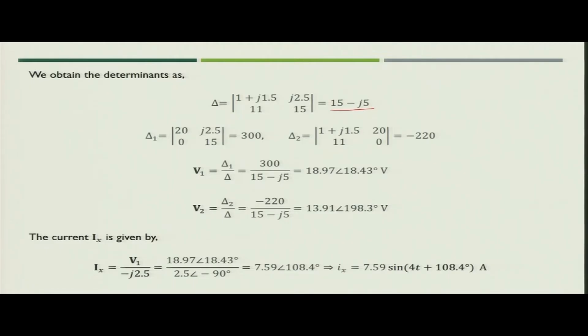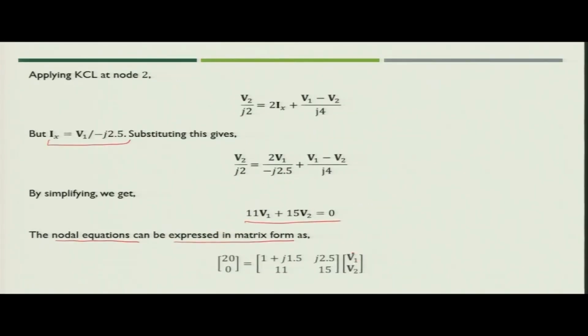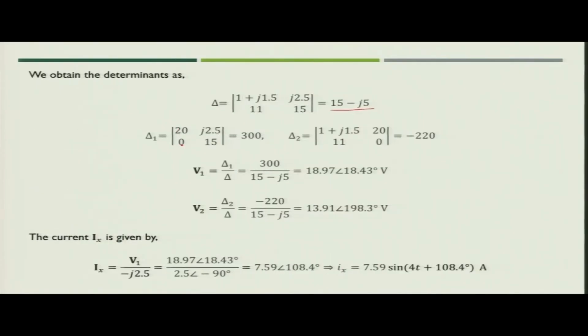Now, next we need to find out the value of V1. So, to find the value of V1, we will compile the corresponding determinant. How? We replace this column with this column. So, the updated determinant will be 20, 0, j 2.5 and 15, and the value of this determinant is 300.